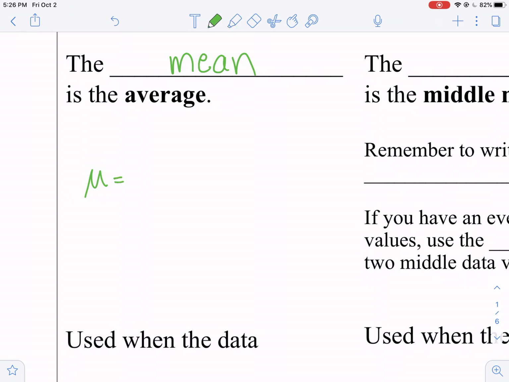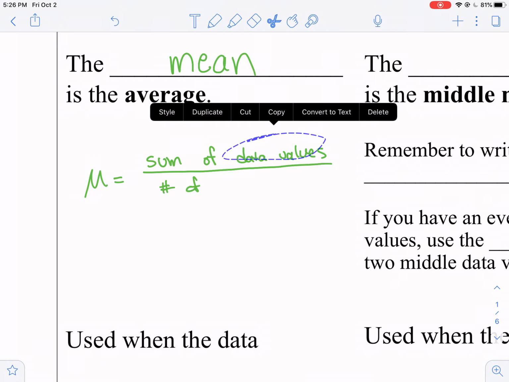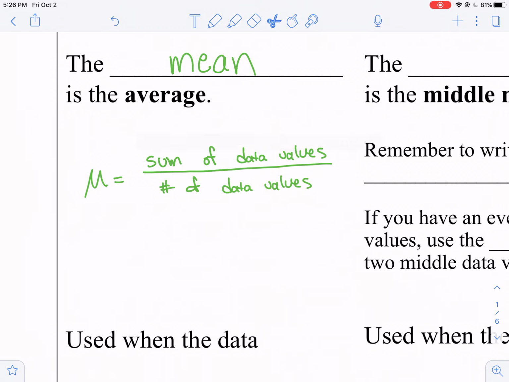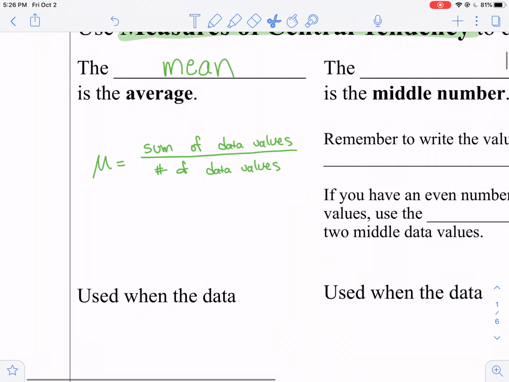We say that's equal to the sum of the data values, so you add them all up and divide by the total number of data values, how many you have. Okay. So if you want to find the average height of people in my 5-person family, you add up all the heights, divide by 5.